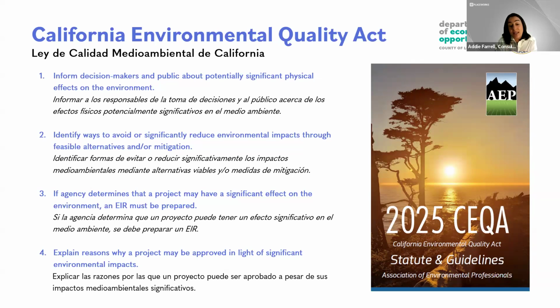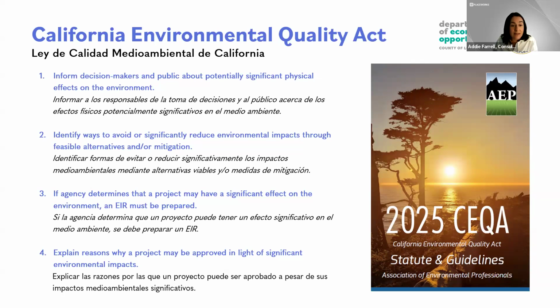If an agency determines that a project would have significant effects on the environment, we have to prepare what is called an environmental impact report, or EIR. And if a project is approved, even in light of those significant environmental impacts, the lead agency, in this case the County of Los Angeles, must disclose to the public the reasons why.